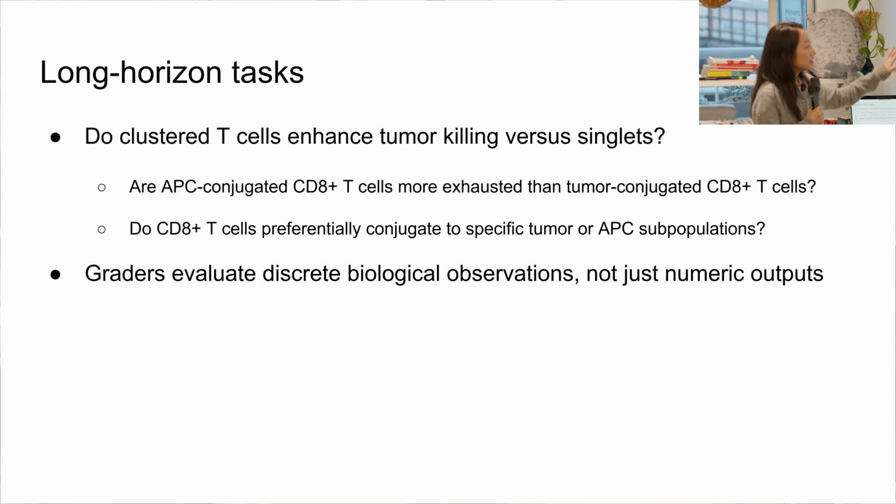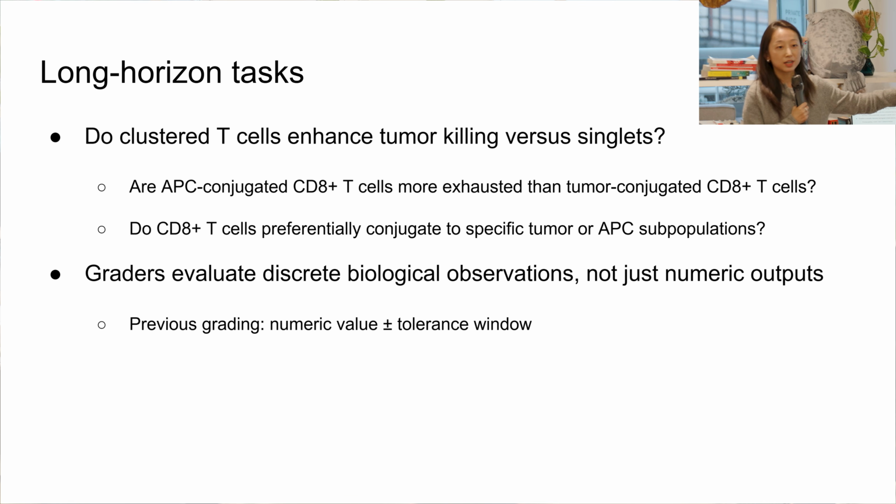But since now we frame our question in a more high-level, open-ended way, how we grade this becomes slightly more challenging. And what we found is that the numeric grading method is also very challenging in terms of setting the ground truth.